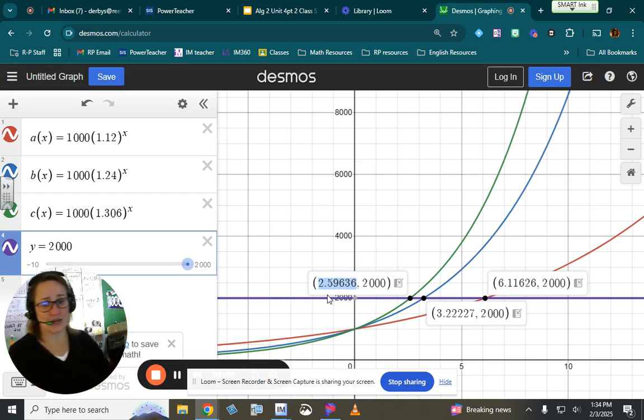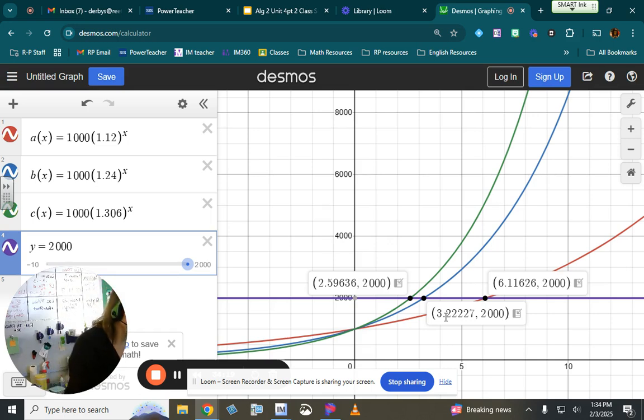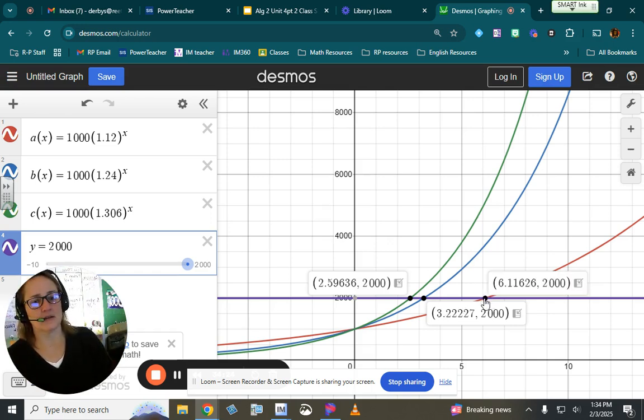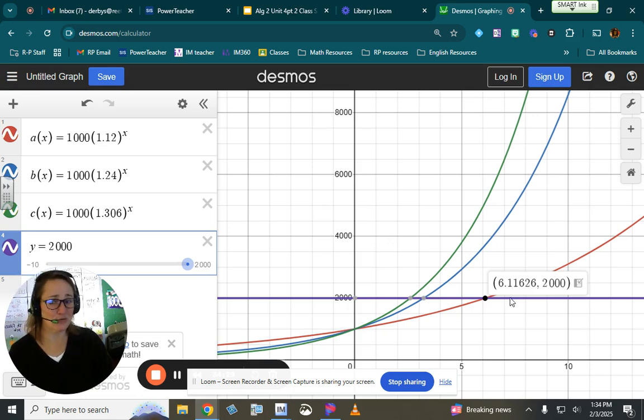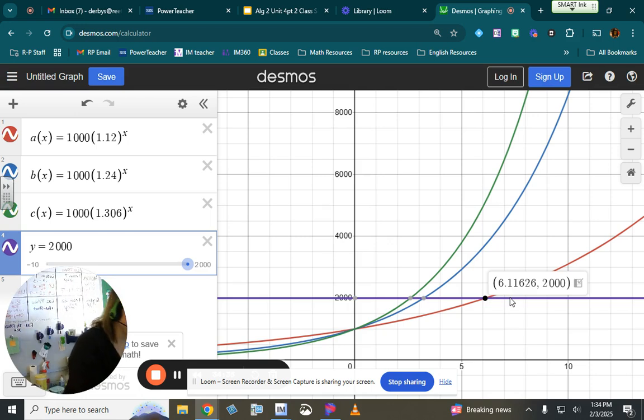A little more than 2.5 years. Loan B, that's my blue one here. Loan B takes 3.2 years. And our loan A takes over 6 years, 6.1 years to double in value.